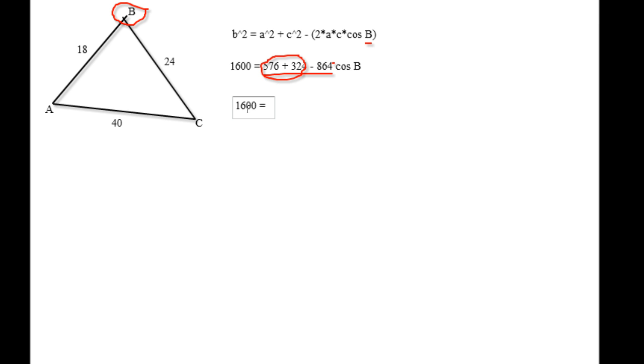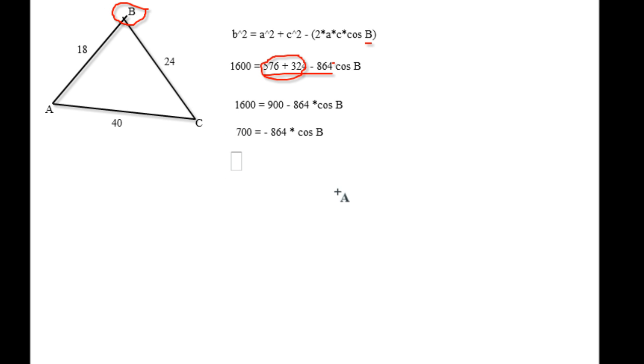equals 576 plus 324. Oh, nice, 900 minus 864 times cosine of B. Okay, so I'm going to minus 900 from both sides, so I should get 700 equals negative 864 times cosine of B. Now I can divide both sides by that negative 864.